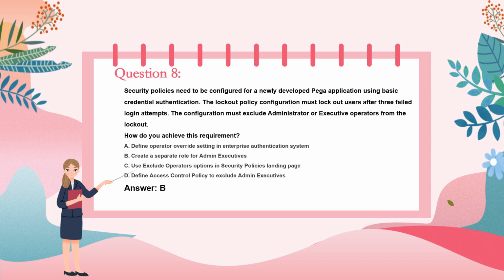A. Define operator override setting in Enterprise Authentication System. B. Create a separate role for admin executives. C. Use exclude operators options in Security Policies landing page. D. Define access control policy to exclude admin executives. Answer: B.